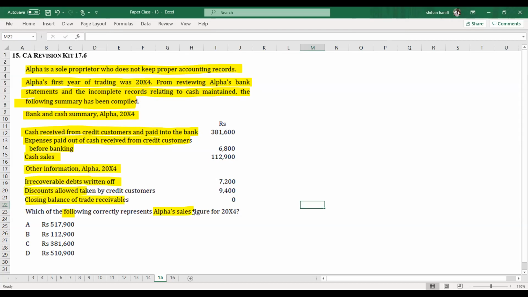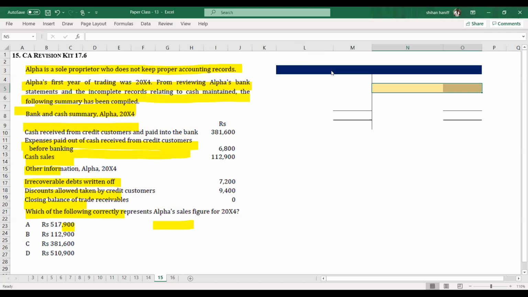Right. Shall we calculate? We can prepare a debtors control account, similar to this: trade receivable control account.